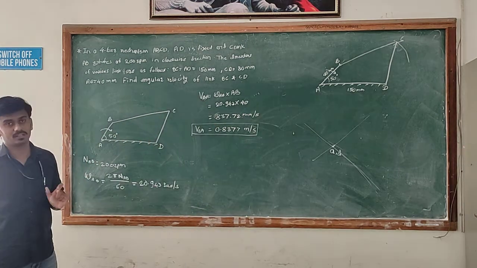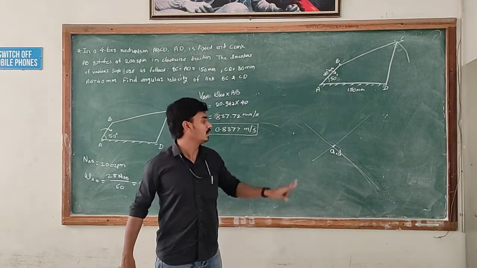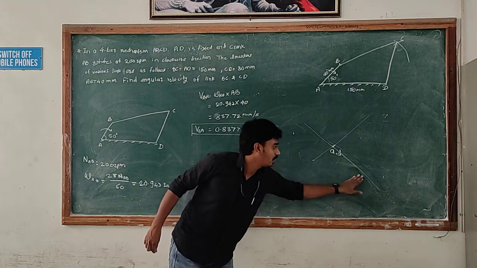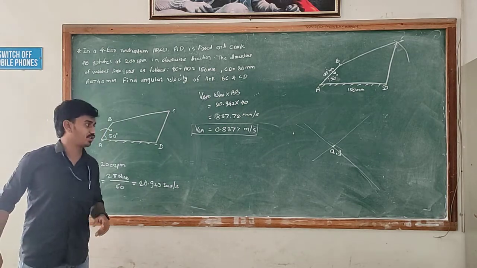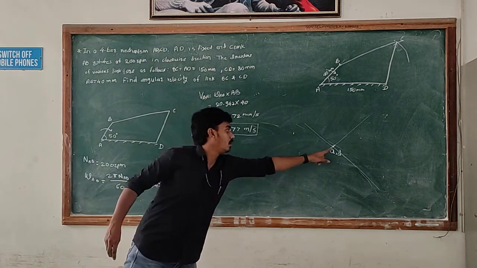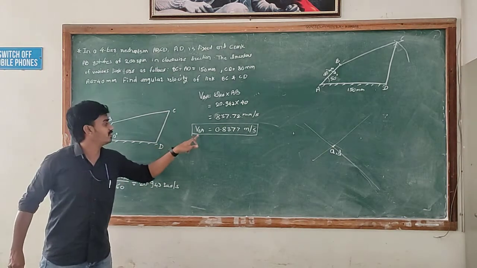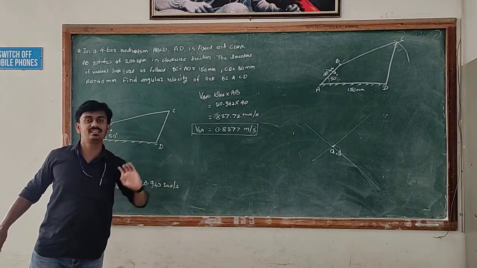Now velocity vector, as this link AB is rotated in a clockwise direction, therefore velocity vector will appear in the below direction. Okay, it will not appear above AD. So here velocity of point B with respect to A is this.